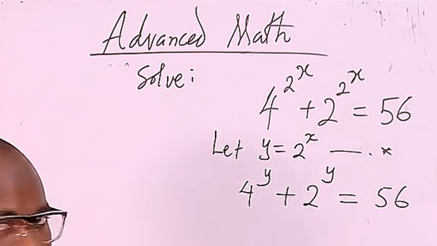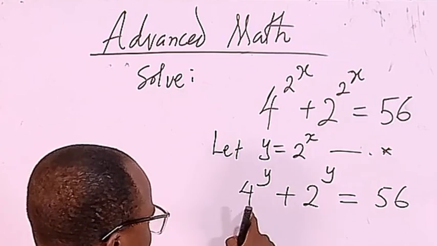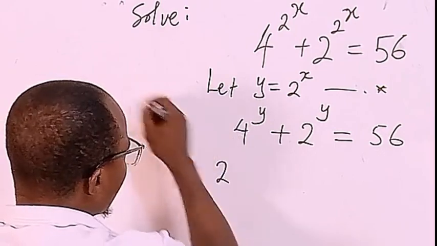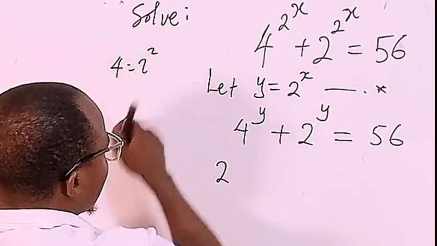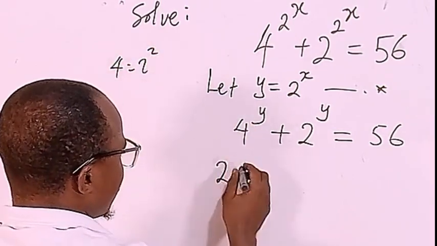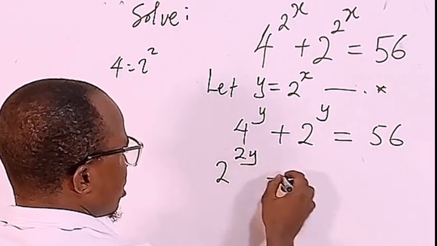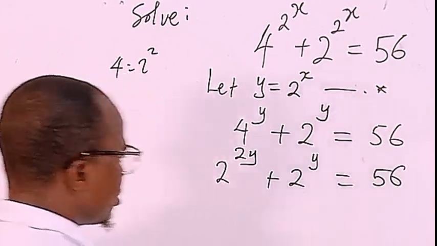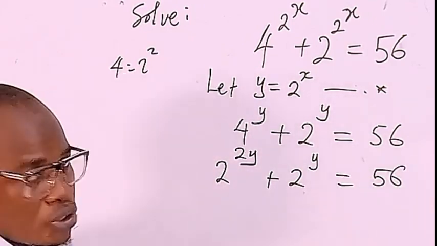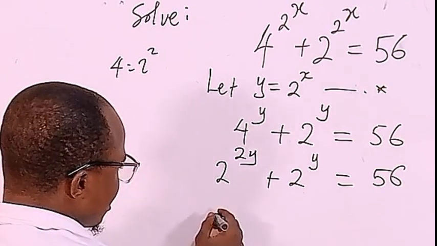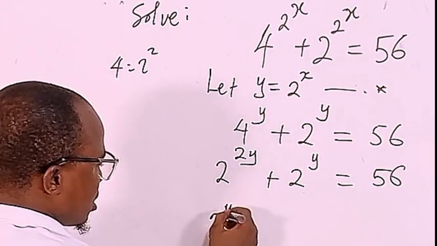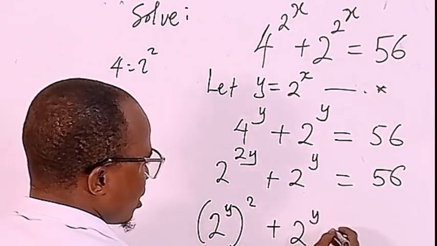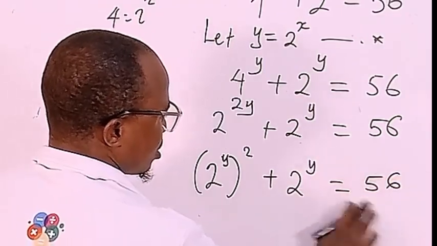The next thing we're going to do: 4 to the power of y, we can write as 2 to the power of 2, and these 2 we multiply by y, giving 2y, plus 2 to the power of y, equals 56. You can rewrite this as 2 to the power of y, all to the power of 2, plus 2 to the power of y, equals 56.